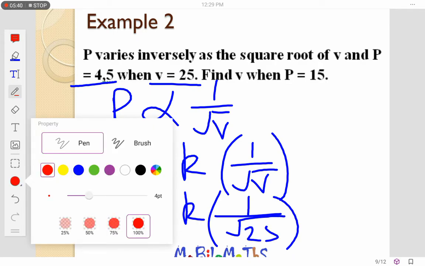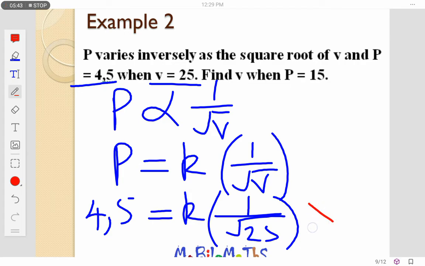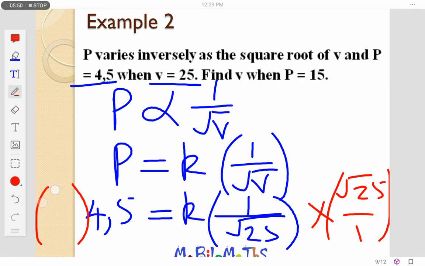Now, for me to get my k, I can multiply both sides by square root of 25 over 1. On the right hand side, they cancel off each other. Then on the left hand side, square root of 25 is 5, so I'm going to have 5 times 4,5.